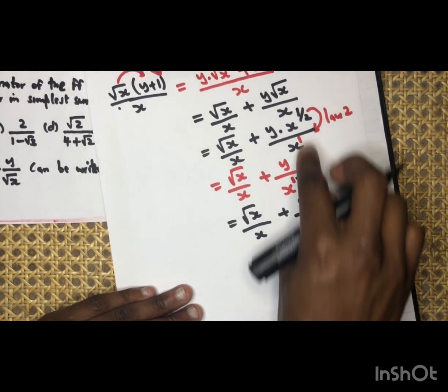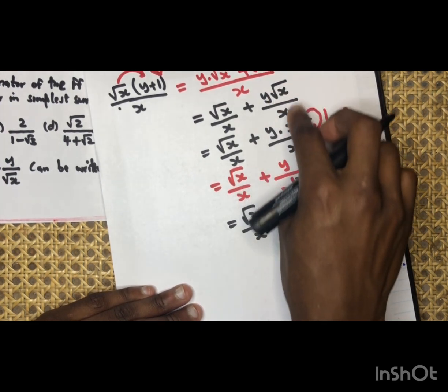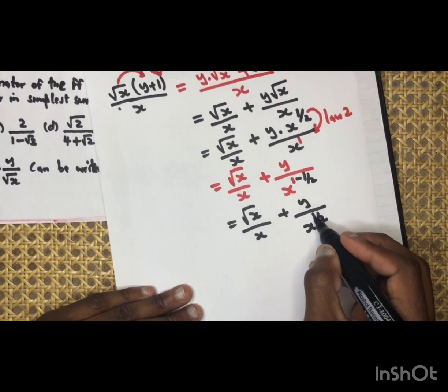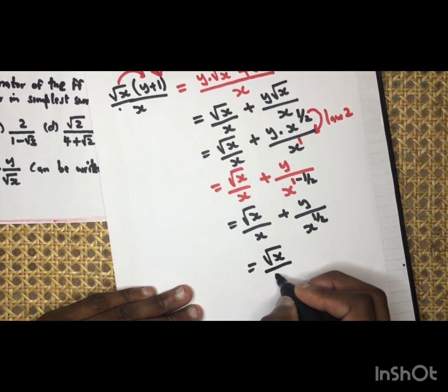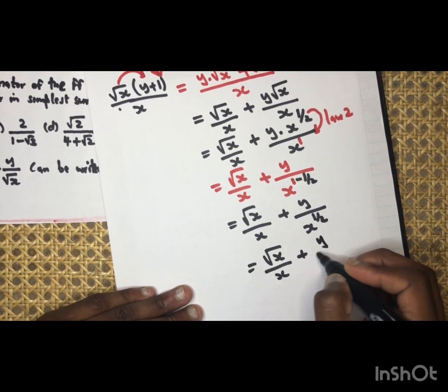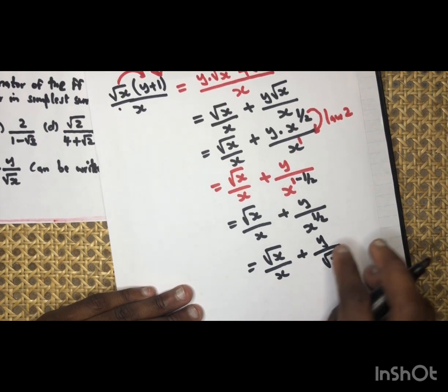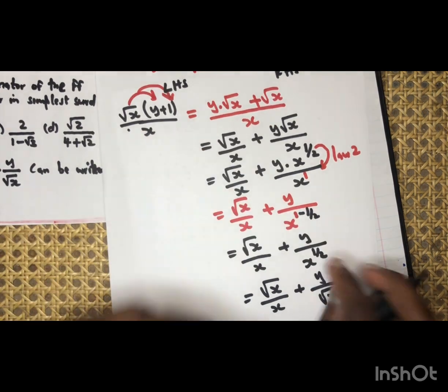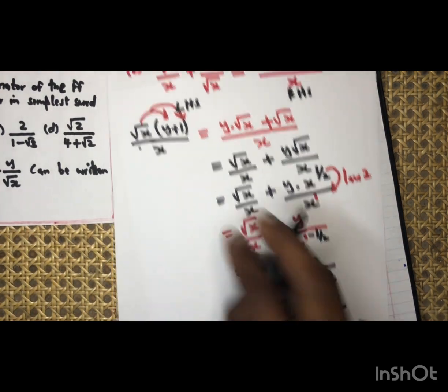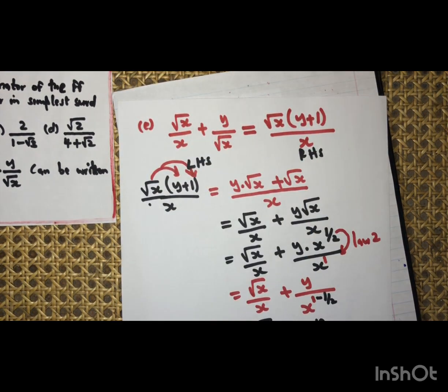Now guys, we said root is the same as x to the power half, so 1 over 2 is the same as square root. So can you see, guys, this is the same as this question.